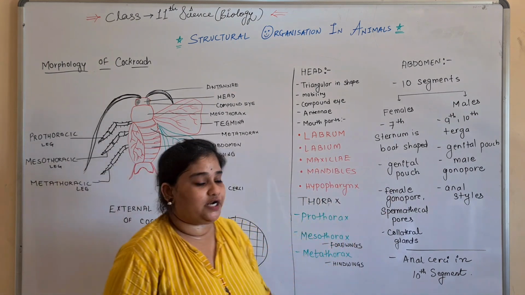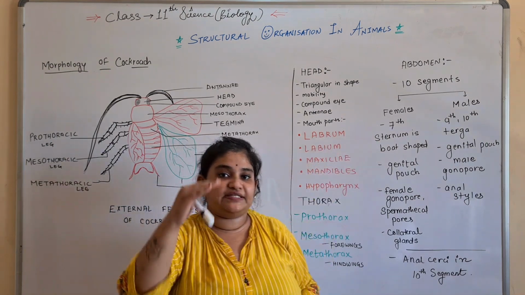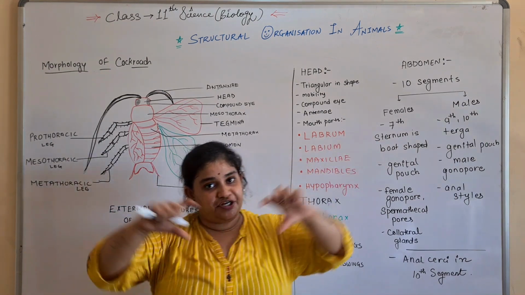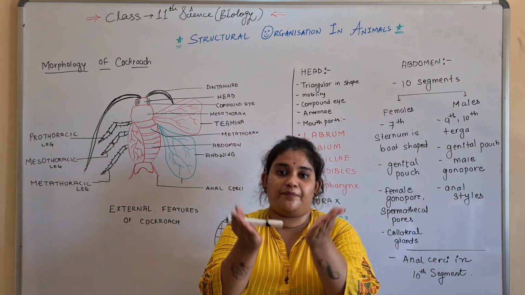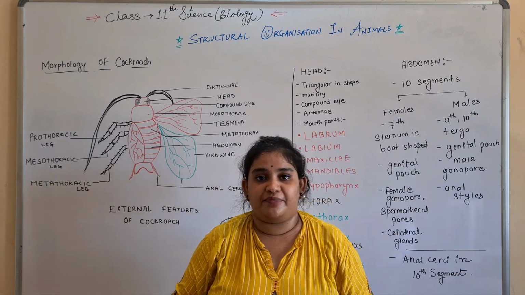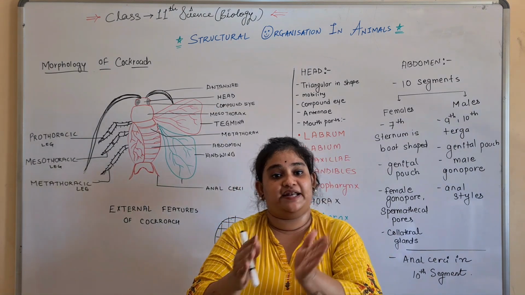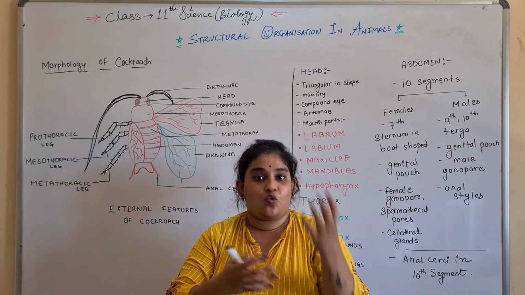We will see over here in the female cockroach the 7th sternum, that is the 7th segment, is boat shaped. Now what is the reason for this? The female is a bit broader in shape. In humans also you can see the female abdomen is a bit broader in shape than in the males. The hip region and the abdomen is a bit broader. Why?